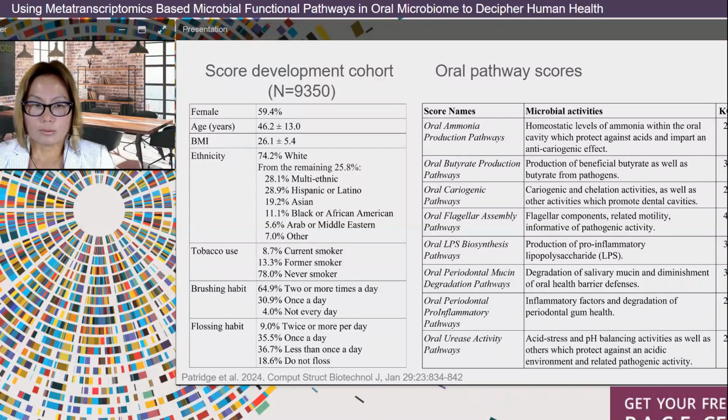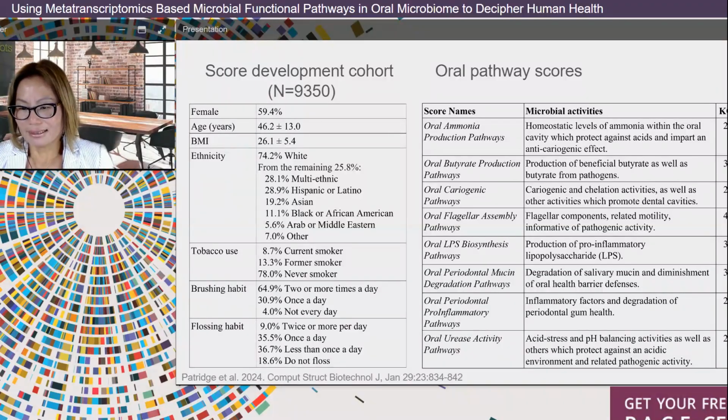So here's a little more detail about the reference cohort of around 10,000 and the whole collection of oral pathway scores that we developed. The characteristics include the age distribution, male-female composition, BMI, ethnicity, tobacco use, brushing habit, and flossing habit.